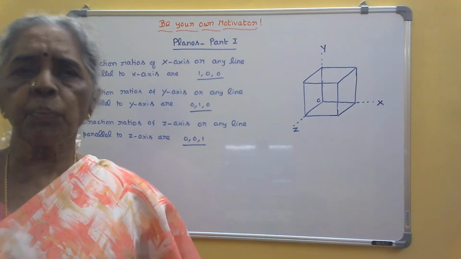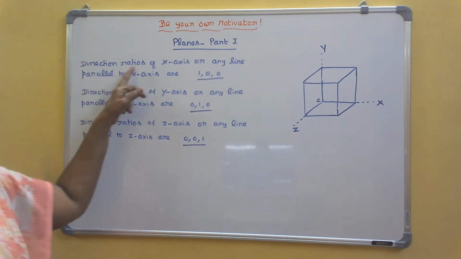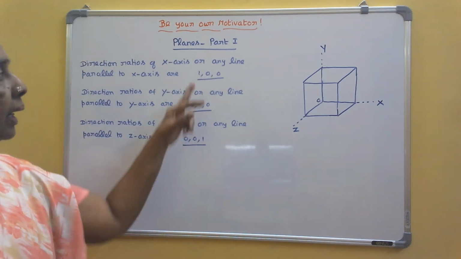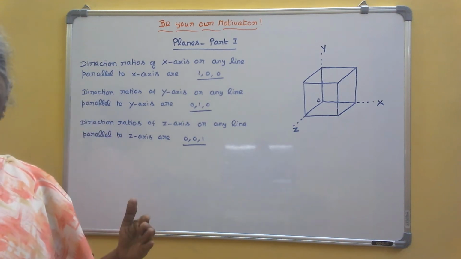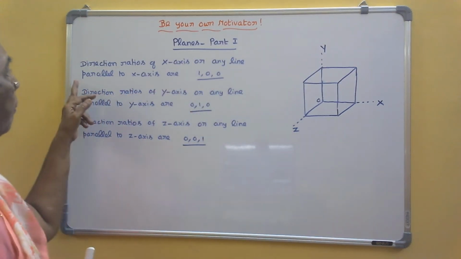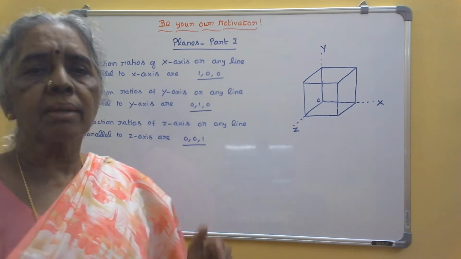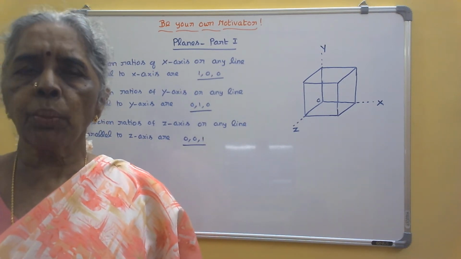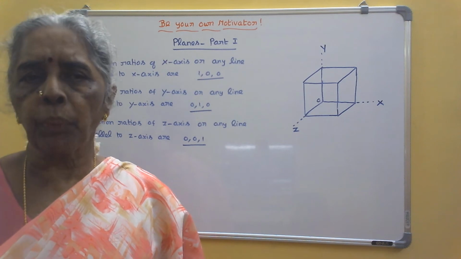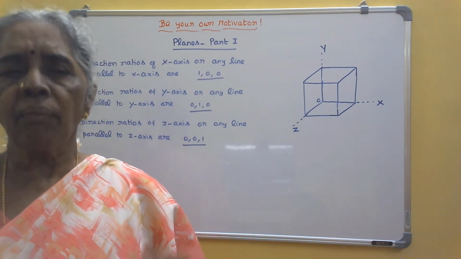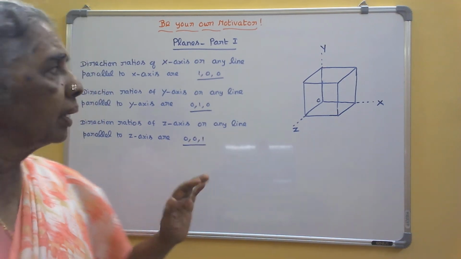Now the next point. Direction ratios of x-axis or any line parallel to x-axis are 1 comma 0 comma 0. Actually, direction ratios are proportional numbers, but we will simplify it, okay?